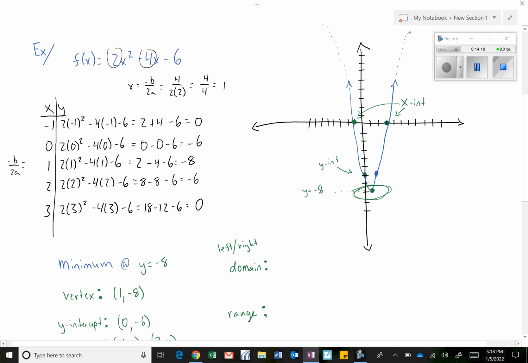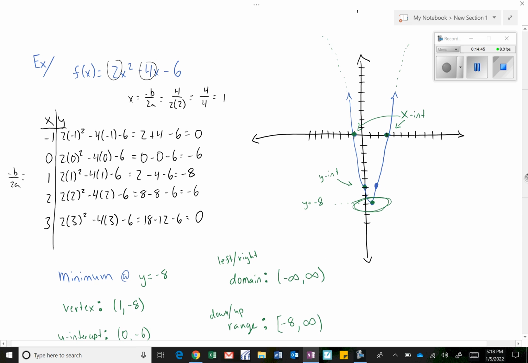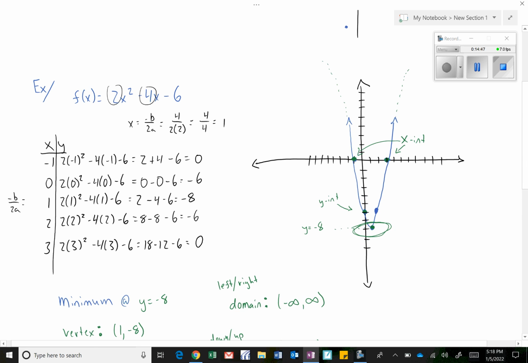So our domain is actually from -infinity to infinity. And our range, remember, is down and up. And the lowest point on this graph is way down here at -8 with a bracket. And the arrows take me up to infinity. And we just talked about a lot of details with our quadratic function.